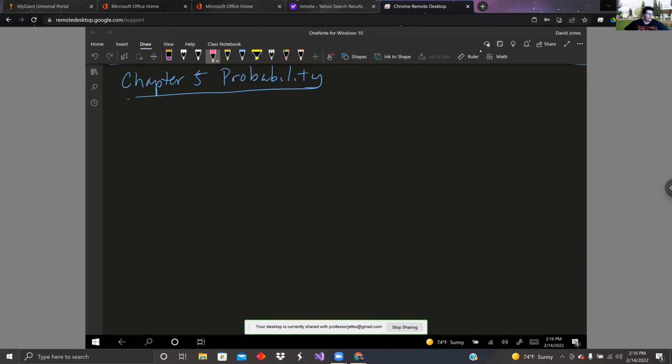Before we talk about probability, because there's something really closely related to it, let's recall what frequency is.